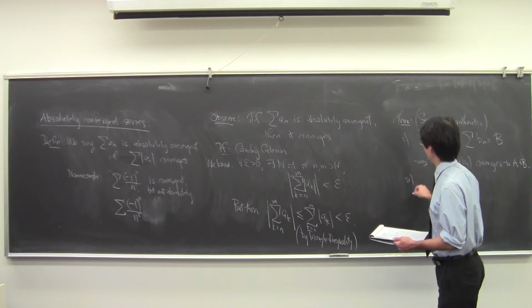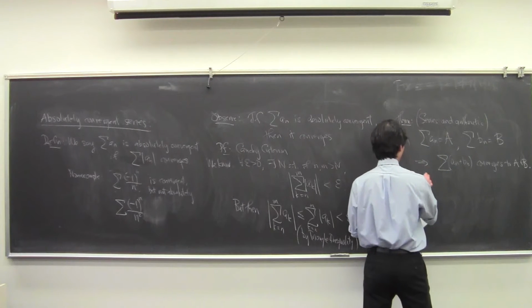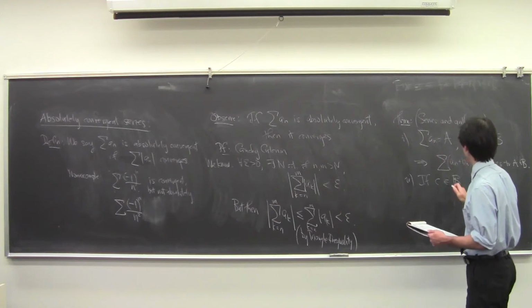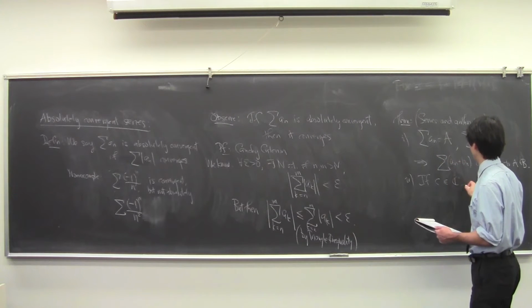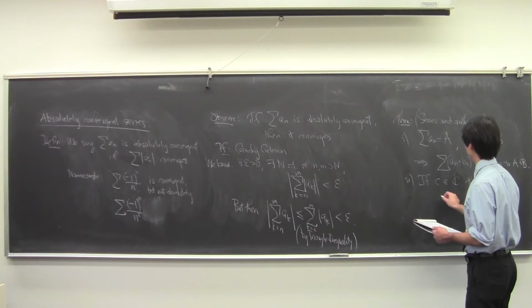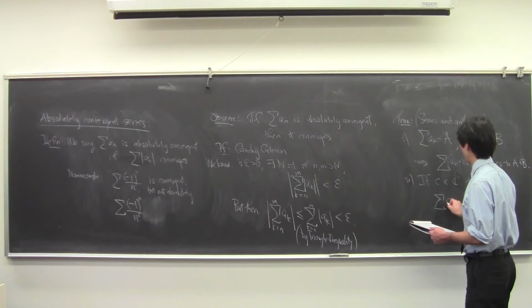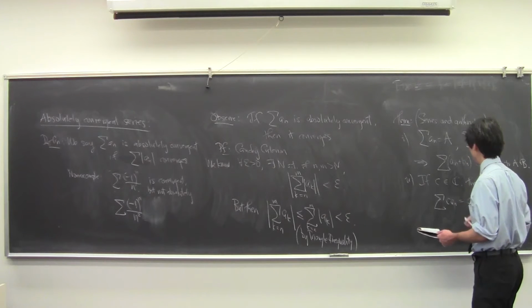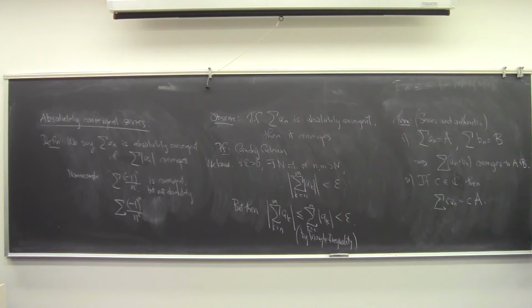Okay. And the second part is that if you have some constant, then the sum of the constant times the series is going to be just the constant times the limit.